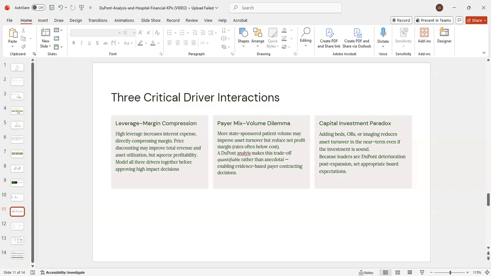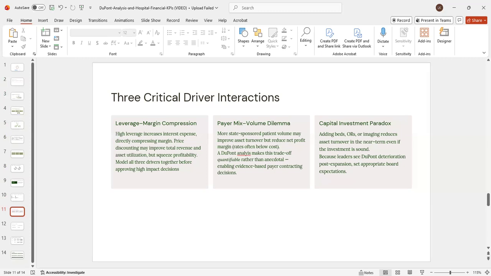A similar kind of circumstance exists when you deal with payer mix and volume. So for instance, if you take on more state-sponsored patient volume, that can be very great, especially on paper, because what it does is you have greater throughput of patients and it improves your asset turnover and bed occupancy. But then, because the reimbursement rates for state-sponsored patients is lower, what you're doing is you're giving up your net profit margin. So on the one hand, your asset turnover improved, but your net margin came down.